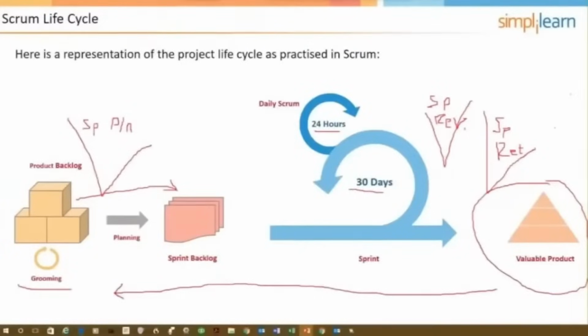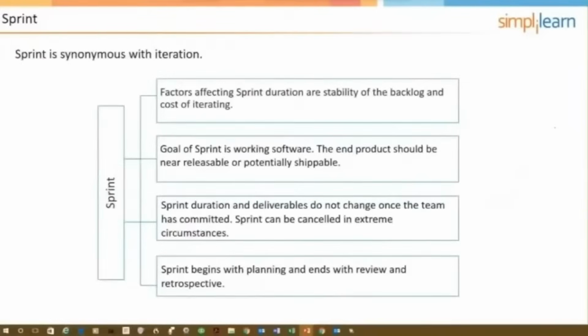Okay, so a little bit more detailed view of the Scrum project lifecycle. Now let's talk about a couple other things here. When it comes to a sprint, there are some things that affect the duration of the sprint. So the team is going to have to decide how long each of the sprints are going to be, and things that are a factor include the stability of the product backlog.